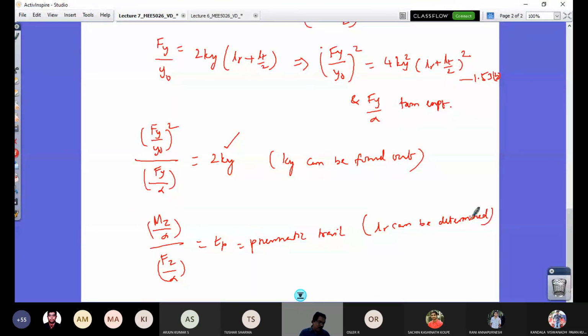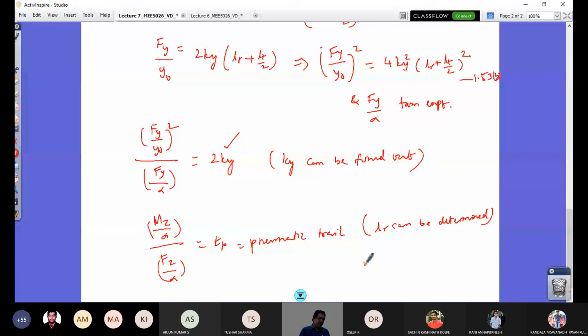So that's the beauty of this. TP is independent of ky, and this ratio is independent of Lr. So they complement each other to find out ky and Lr. And Lt can be found out, for example, optical cameras can be fit in the track and one can find out what is Lt. Of course, when it is loaded, you have your Lt, with a slight reduction in rolling condition.